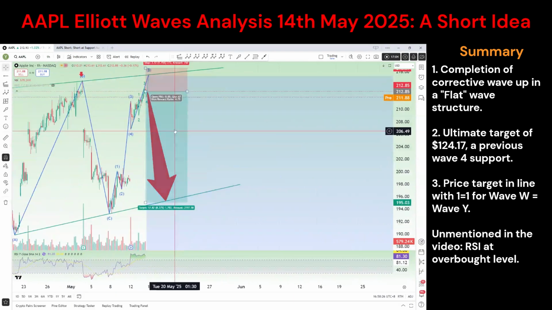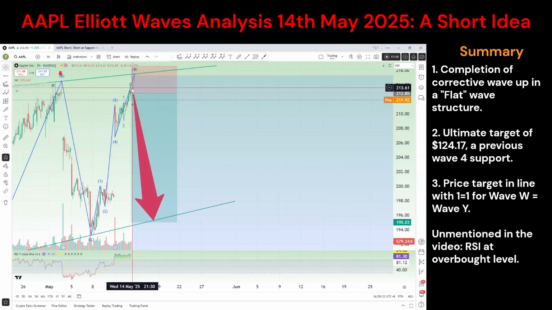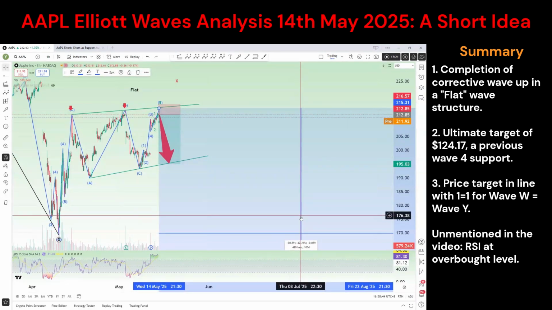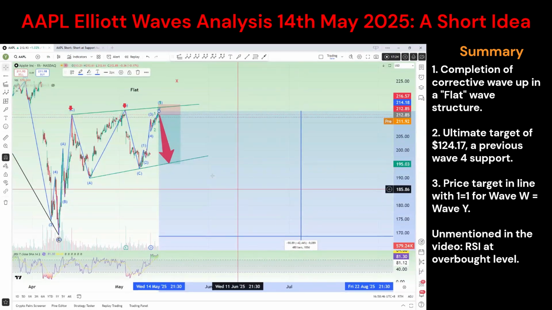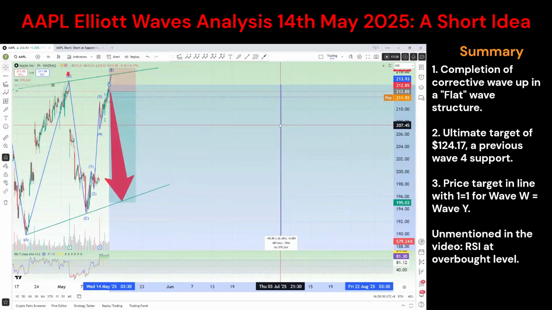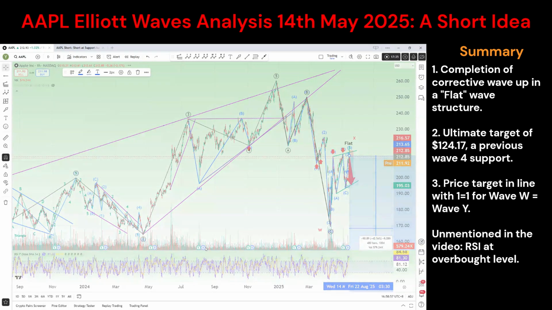So what I'm trying to do over here is, let's say I move this thing down, and let's assume that there are no more waves here, and let's say I go to here, 213.61, roughly here. Then we go back to the daily again.